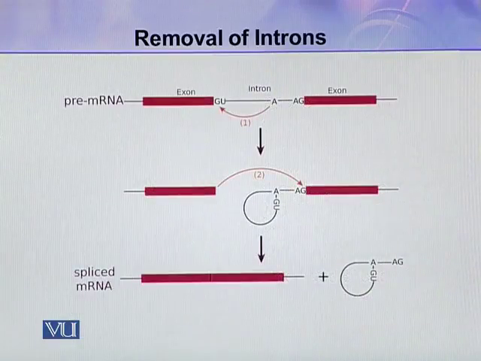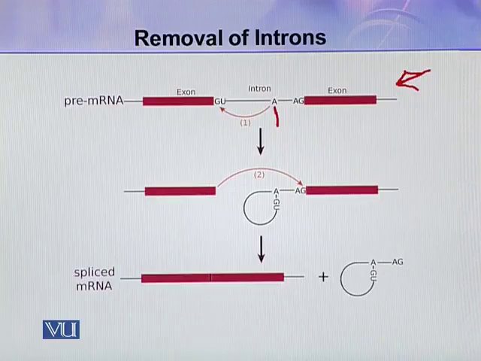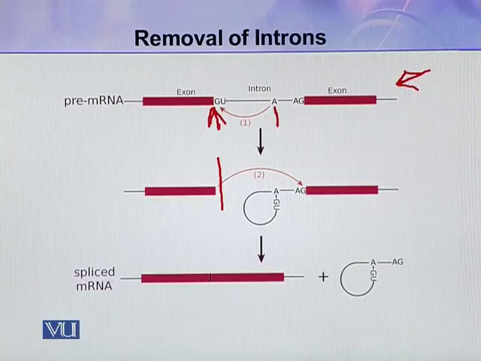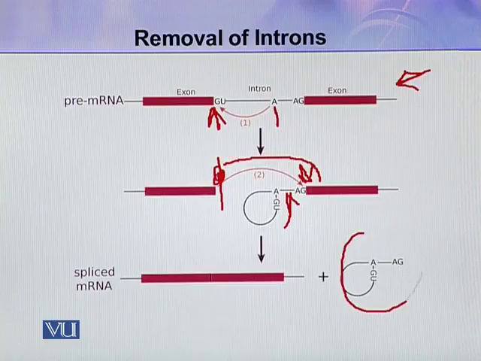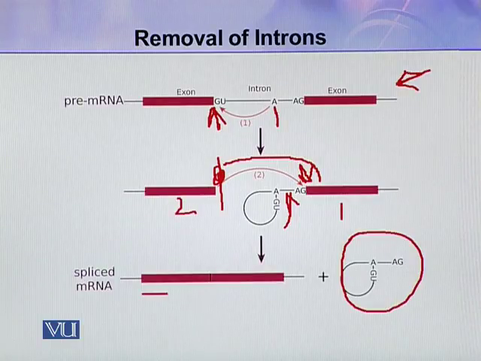So in this figure you can see pre-mRNA, and this is A in the branch point, and this A attacks the G here, and after this attack the G from here is broken down, and this G then binds with this A. And in the second transesterification reaction, this group at the 5' splice site attacks the G at the 3' splice site, and in this way this intron is broken and gets separated, and these two exons, 1 and 2, are then joined.